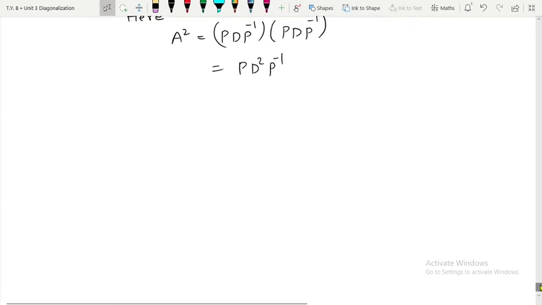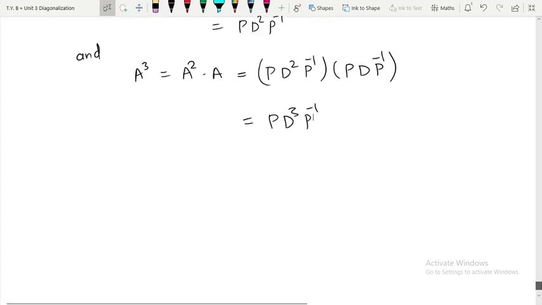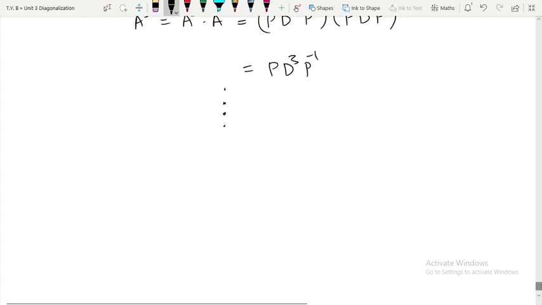A cube will be A square multiplied by A. We already have the value of A square as PD square P inverse, and this is PDP inverse. So again it will be PD cube P inverse. Therefore, by continuing in this way, my A raised to 1000 will be PD raised to 1000 and P inverse.